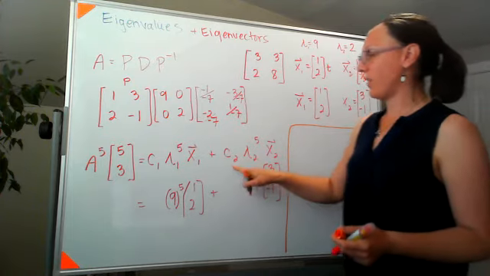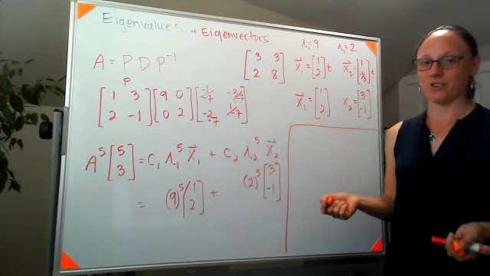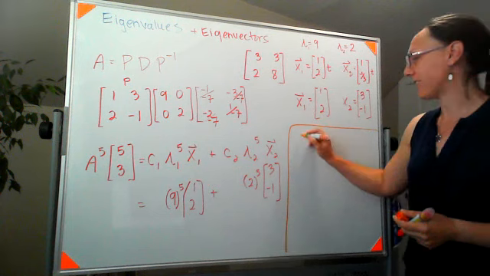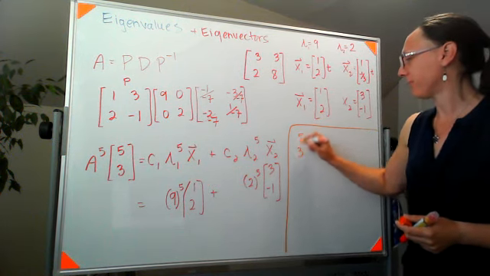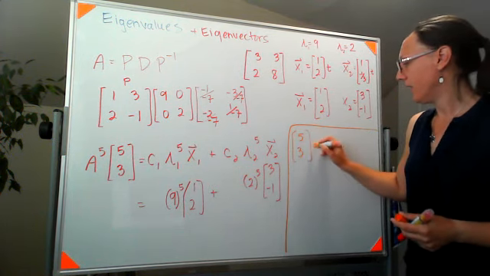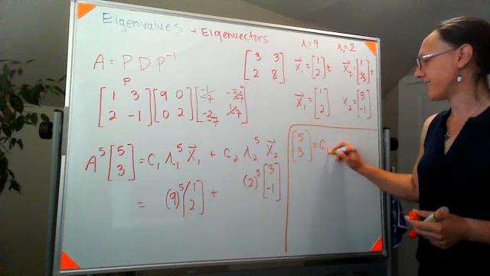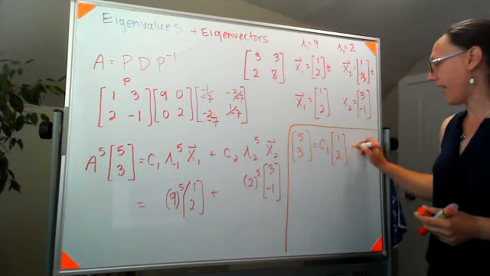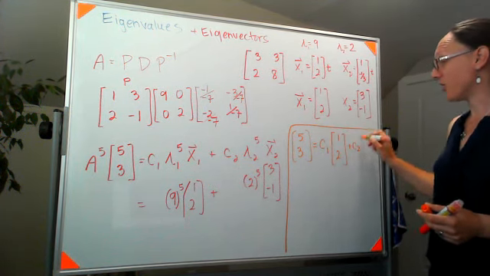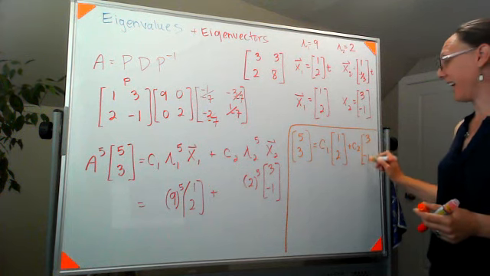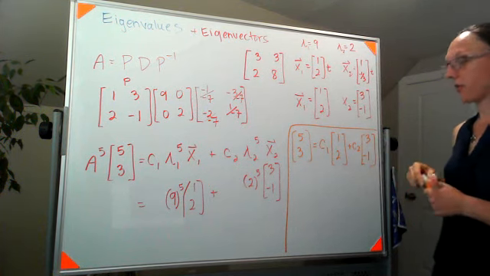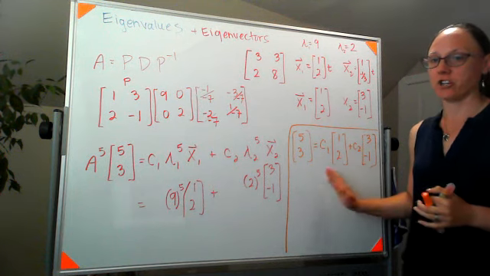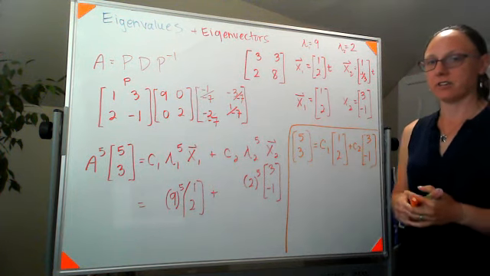So to solve for the C1 and C2, really what we're saying is that this vector 5, 3, we're trying to write that as C1 times our first eigenvector plus C2 times our second eigenvector. The other way to phrase that is we're writing 5, 3 as a linear combination of the eigenvectors.